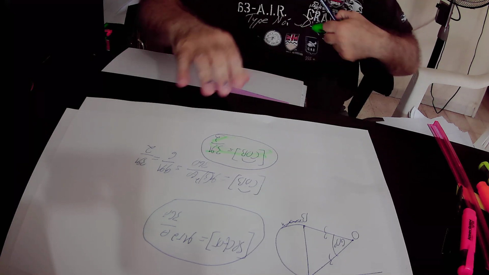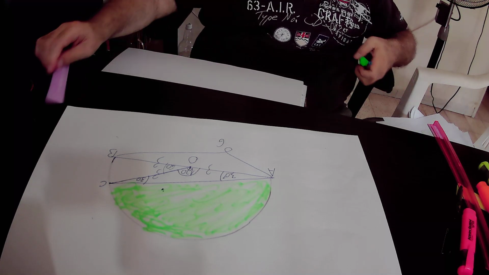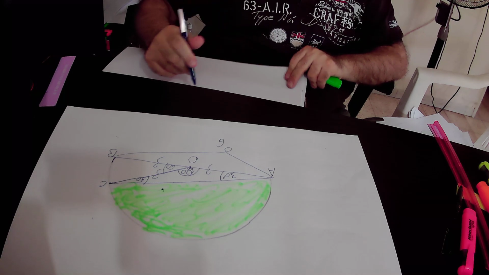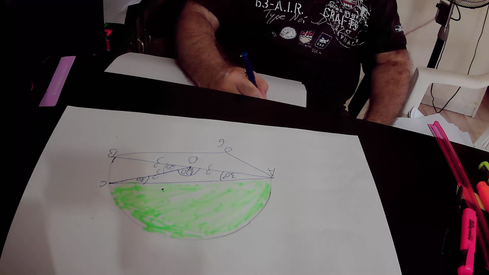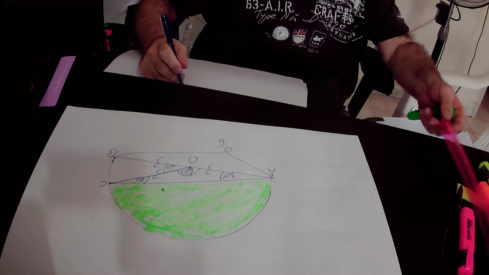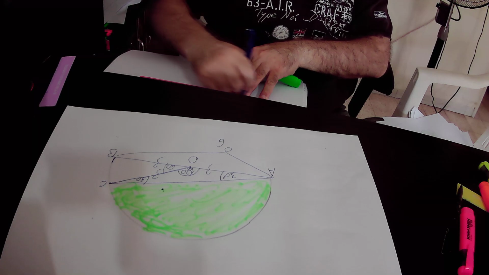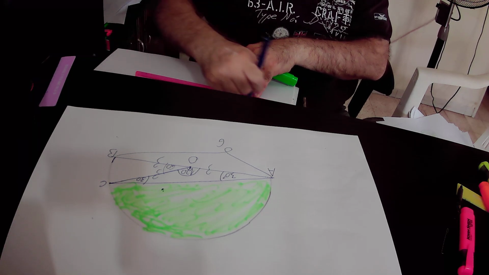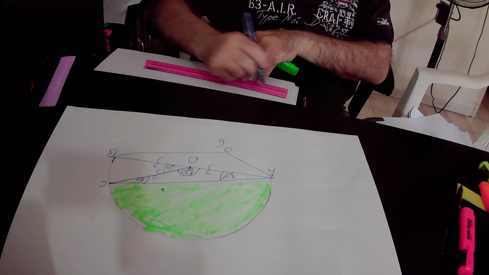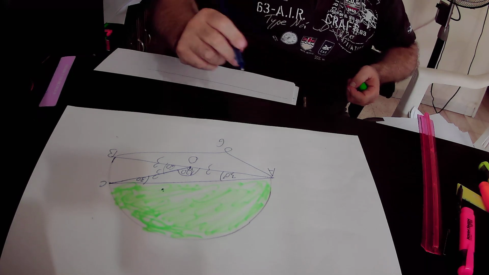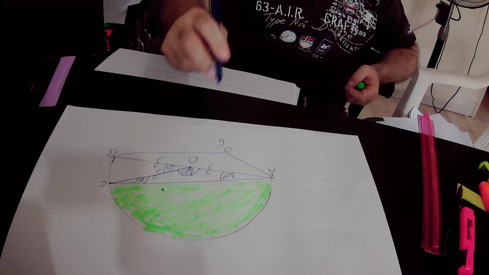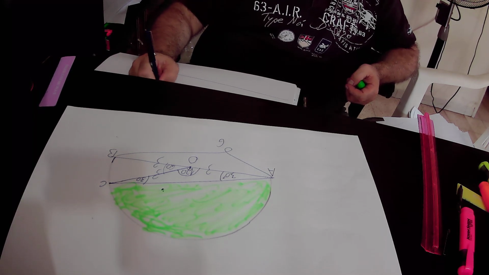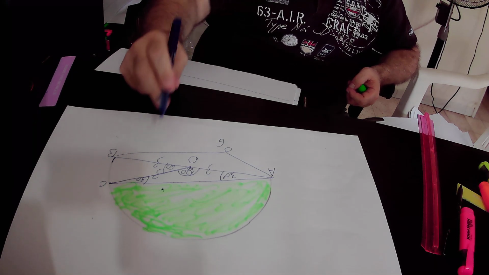I repeat again, the area of the green shape, according to the second method, equals the area of the semicircle minus the area of triangle AOC minus the area of sector COB.